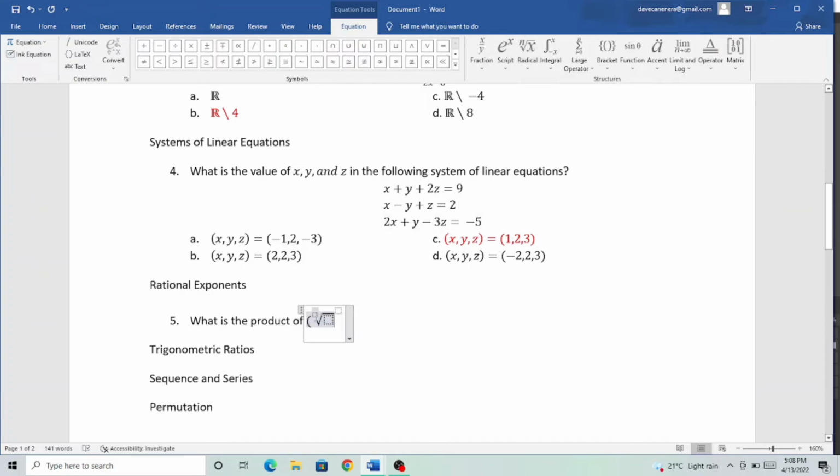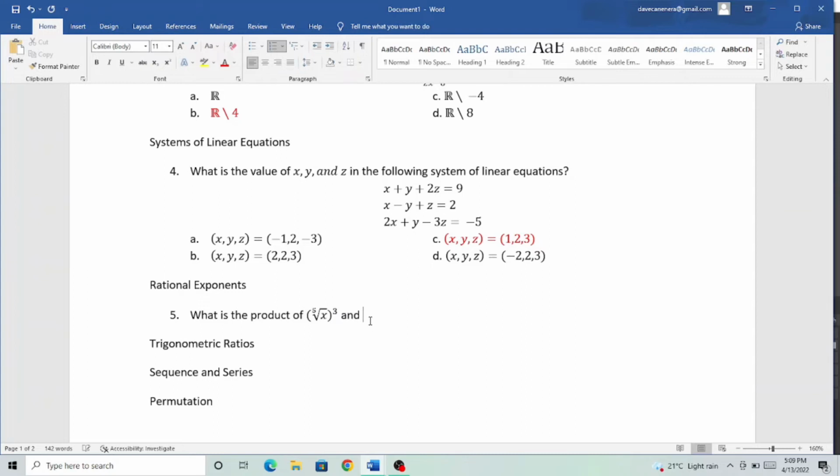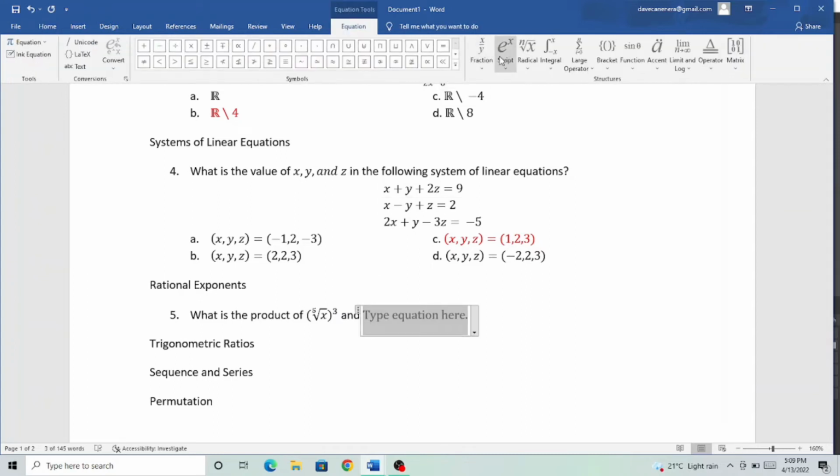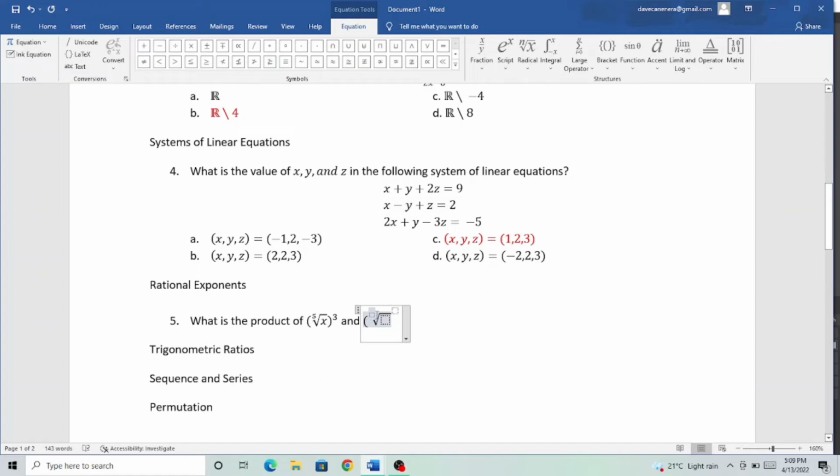We'll be using this, let's say, the fifth root of x to the power of 3, and let's use another, let's say, the cube root of x squared.